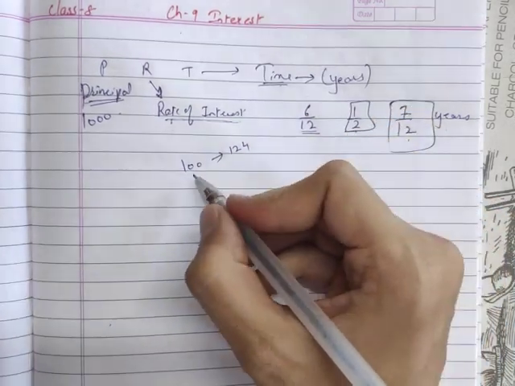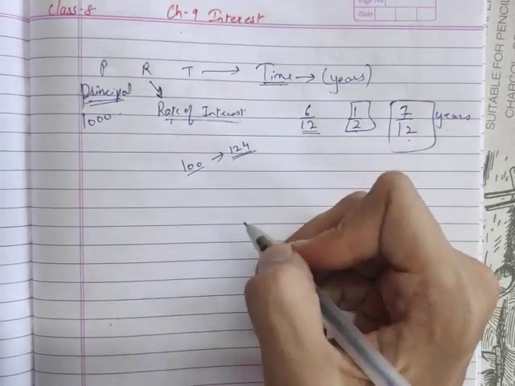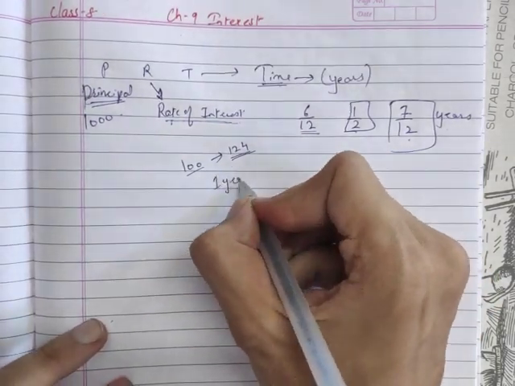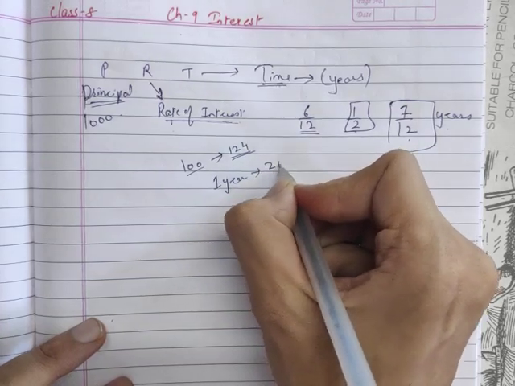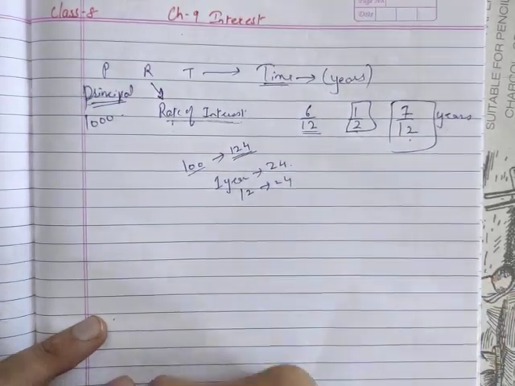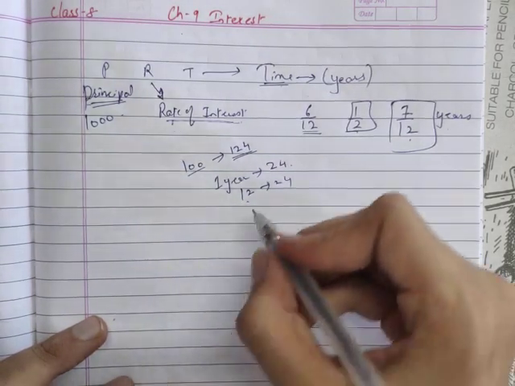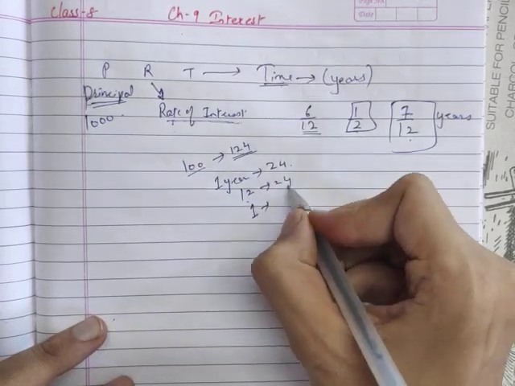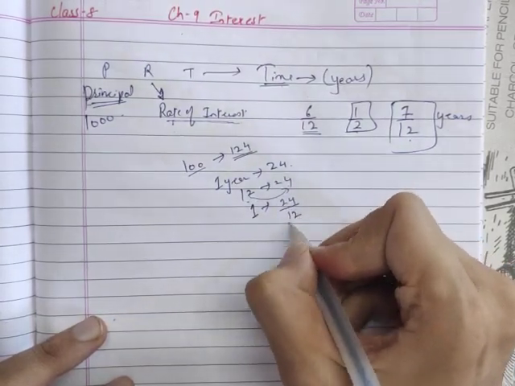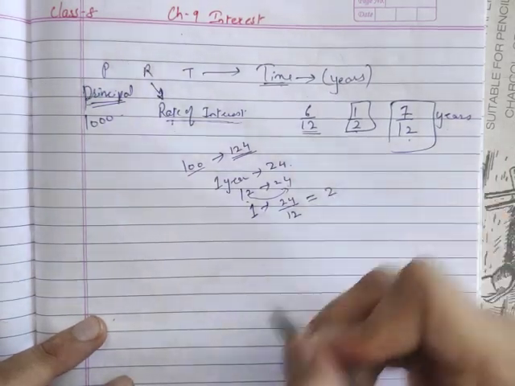You borrow 100 rupees and after 1 year you're paying 124 rupees. This means in 1 year, the extra money that you paid is how much? 24 rupees. That means in 12 months you're paying 24 rupees. Do you agree? 1 year means 12 months. That means in 1 month you're paying how much? 24 upon 12, which is nothing else but 2 rupees.